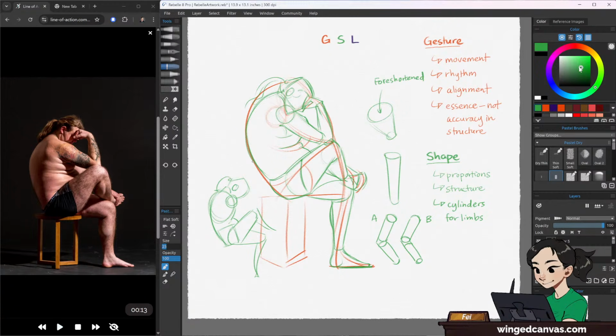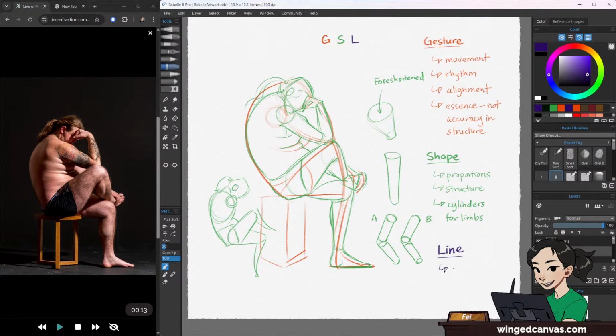And then if you wanted to finish this off, then you can draw the lines on top, right? And then it becomes so easy to draw the lines on top. Once you get to the line phase, it should be super easy to do because you've already figured out the shape, you've already figured out the gesture, you have the movement, you have the structure.